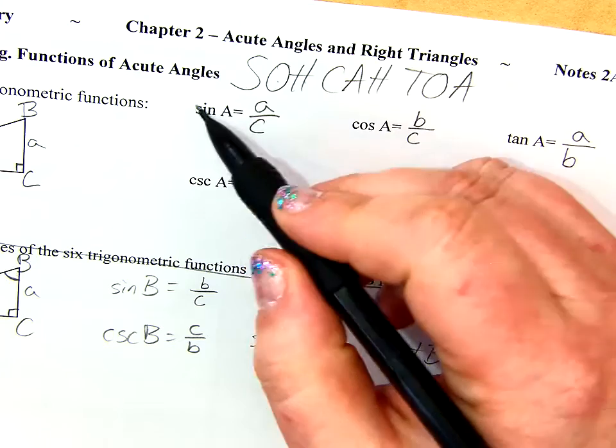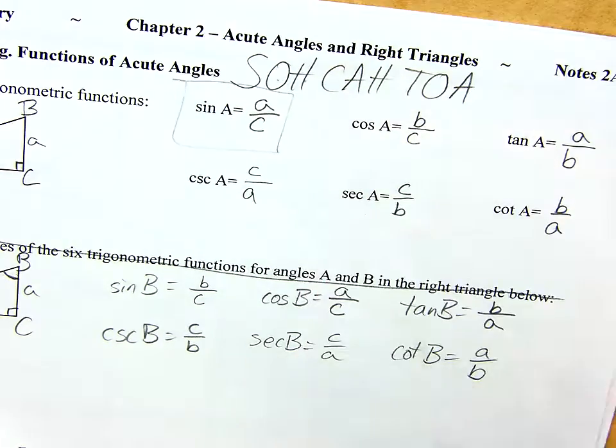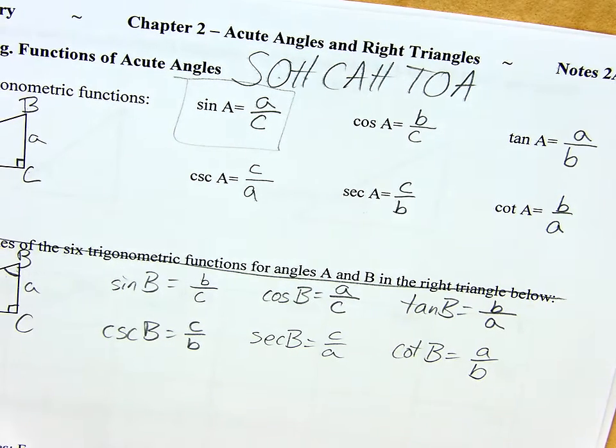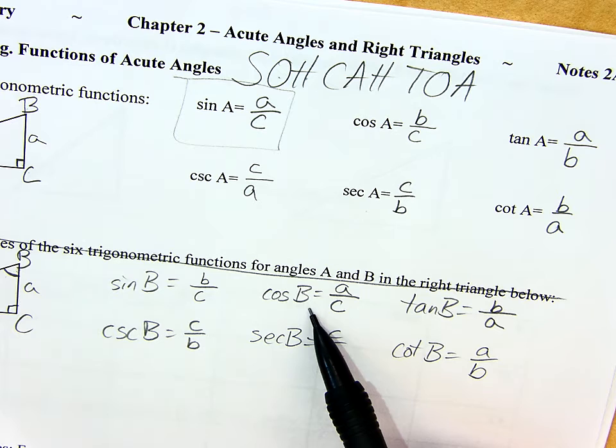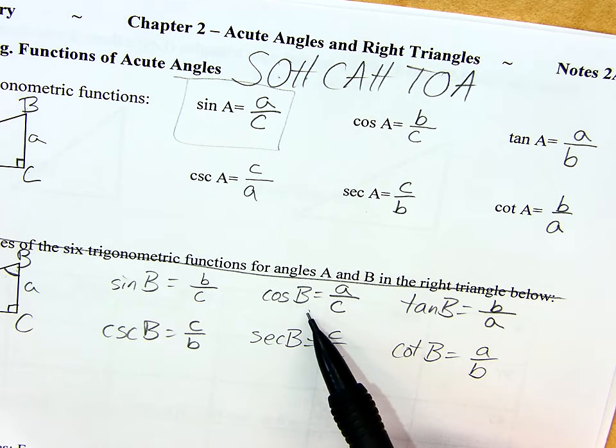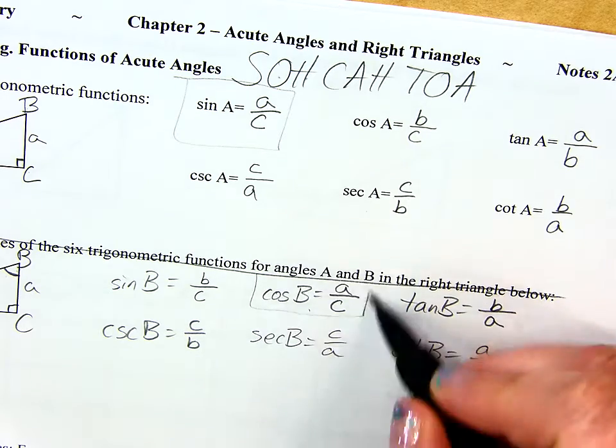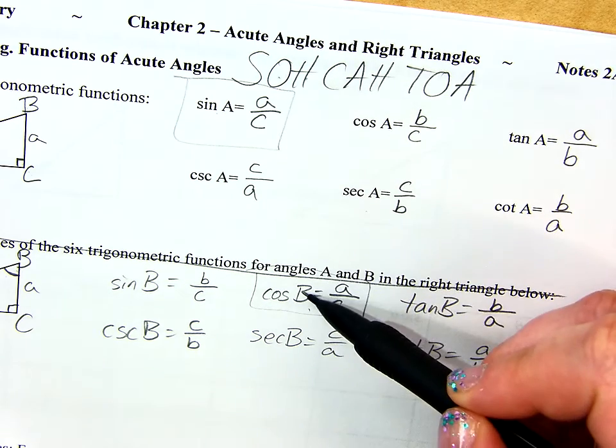Look right here. Sine of A is A over C. Who else is A over C? Cosine of B is also A over C. So you mean to tell me that these two things are equal to each other?